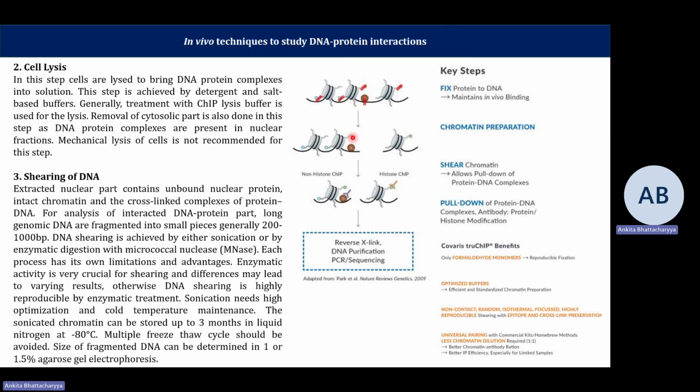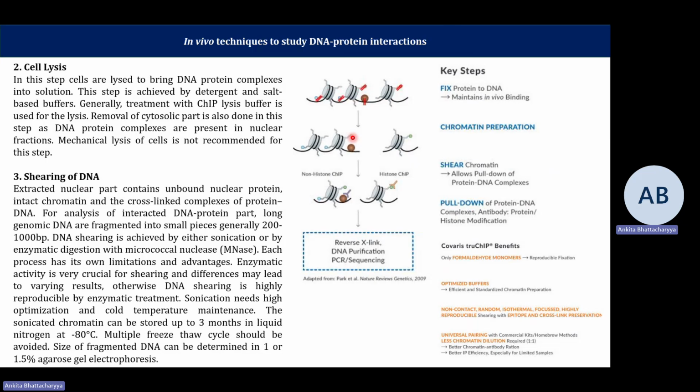Now, Covaris ChIP benefits. Only formaldehyde monomers allow for reproducible fixation. Why I'm talking about Covaris is because it is a very convenient way of sonicating fragments within a desired size. Optimized buffers are already present. It is non-contact, random, isothermal, which simply means it maintains temperature.